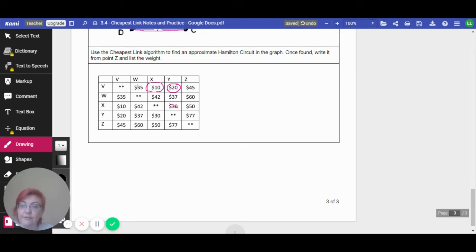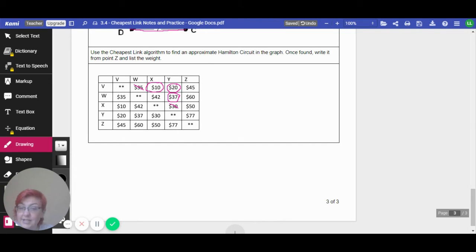Next is 35. Well, that would be connecting V to something else. I cannot do that. Let's check 37. Yes, I can use 37. So right now I have X to V, V to Y, and Y to W. 42 is next.